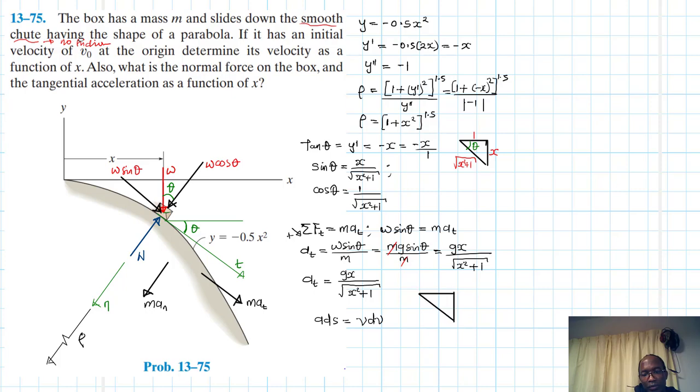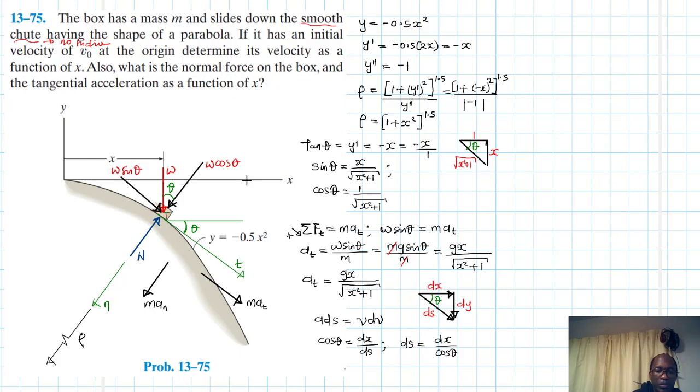So we have this as our ds, we have that as our dx, and this one as our dy, and this is the angle. So we know that sine, no, I need cos. So we know that cos theta is just equal to dx over ds, and therefore making ds the subject of the formula, this becomes dx over cos theta.